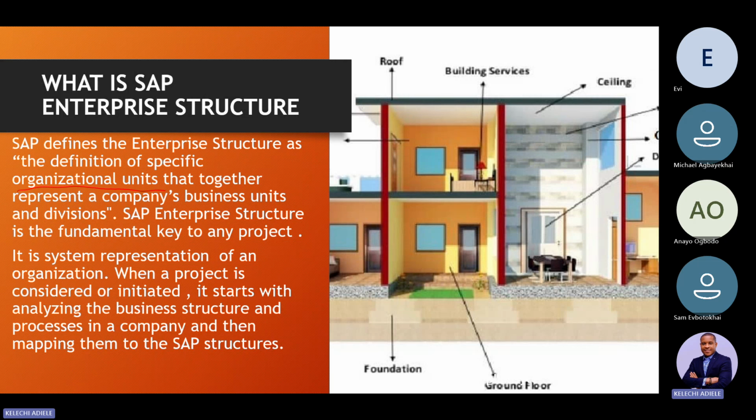But to SAP, it also means something else. So you need to understand what that concept means in SAP, and what it means in a business context, because the business does not know SAP terminology. That's one thing you will find when you go into the job market and when you get into projects.